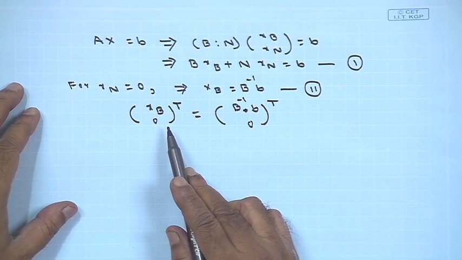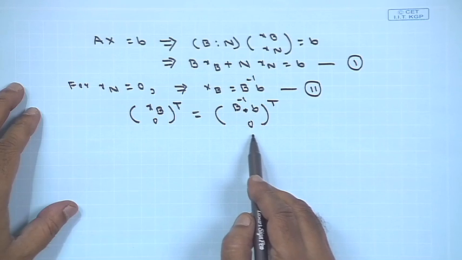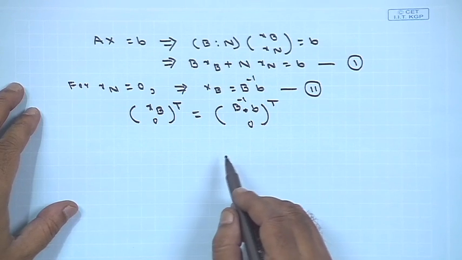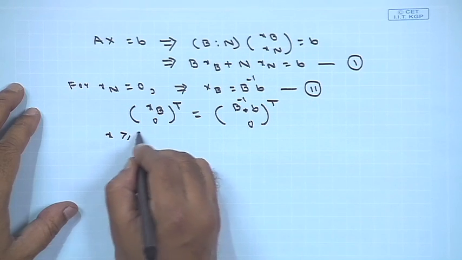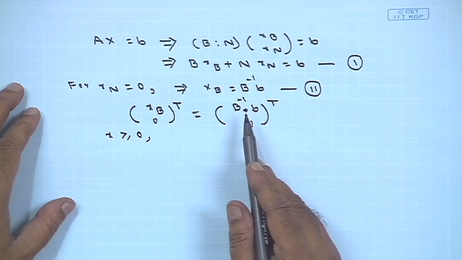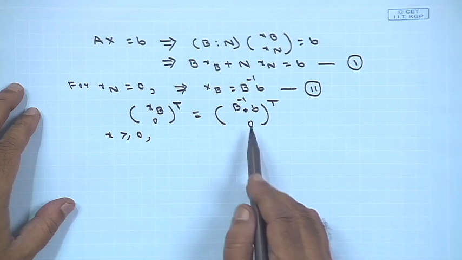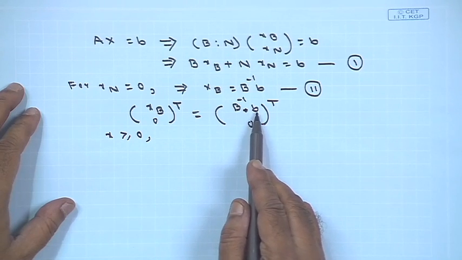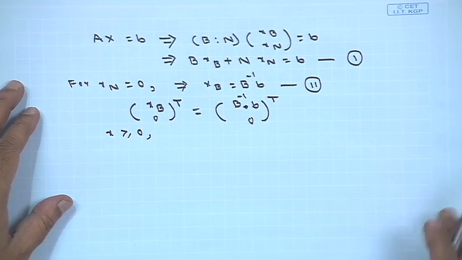And if x is greater than or equal to 0, which is already mentioned, then in this case we have the basic feasible solution. So, for xN equals 0 we have the basic feasible solution if x is greater than or equal to 0, of the form (B inverse B, 0) transpose. So this we are getting.